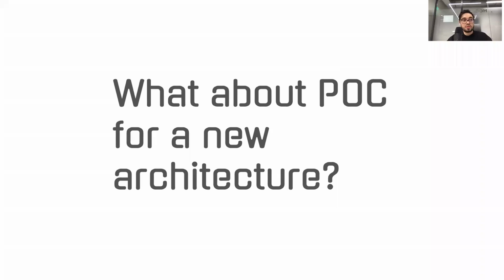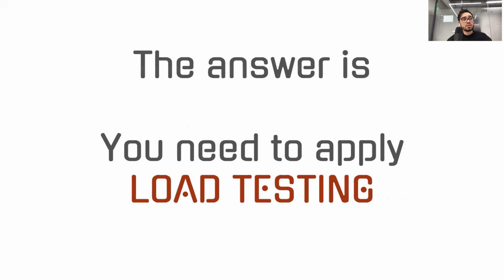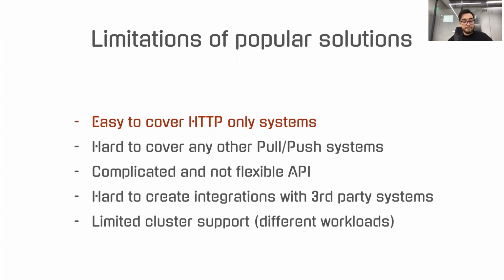So you need a POC. How do you do it? I don't know. So I summarized and outlined all the questions in this list, and the answer is simple: you need to apply load testing. And now we slowly move to the second part about limitations.